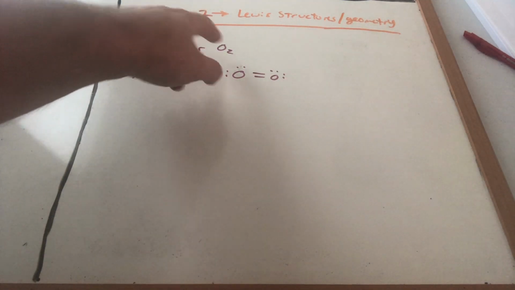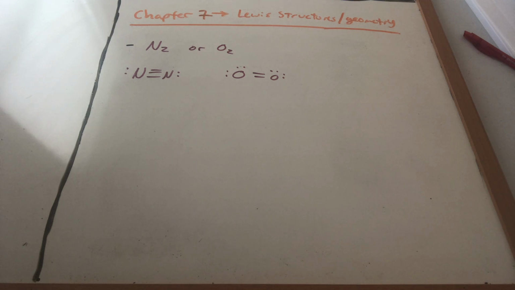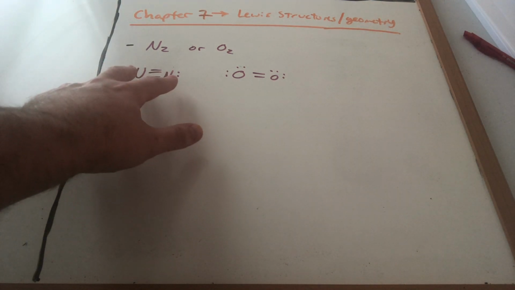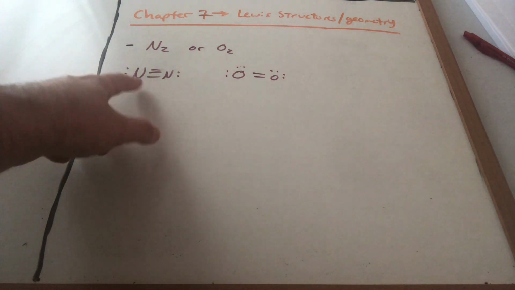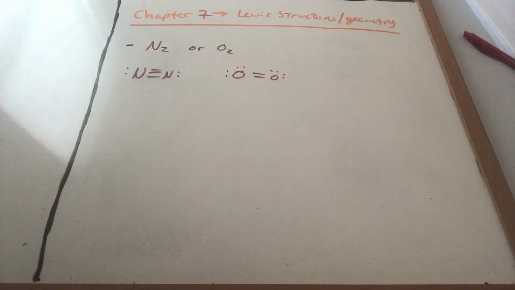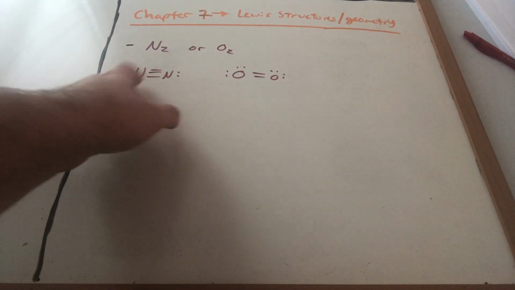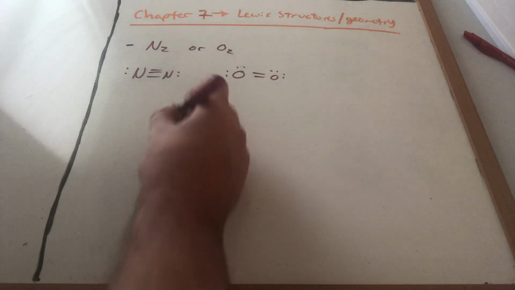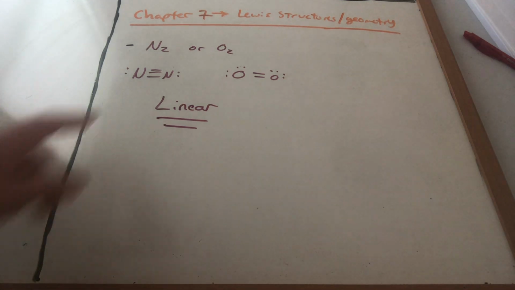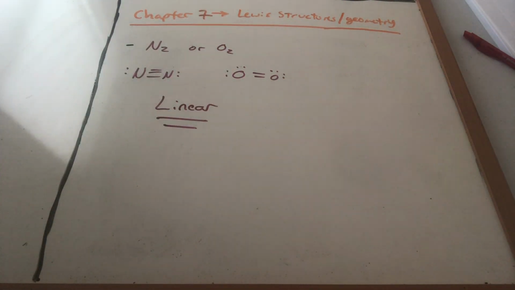Whenever you just have two things attached to each other, there's only one structure that's possible. There's nothing you can do to make them far away from each other. These guys are bonded, there's nothing to spread out. And remember how we had to make up a central atom? We had to pick one of these as a central atom. Whenever two things are attached to each other, we know for sure it is linear, right? This picture is actually the geometry already. It's definitely linear, right?